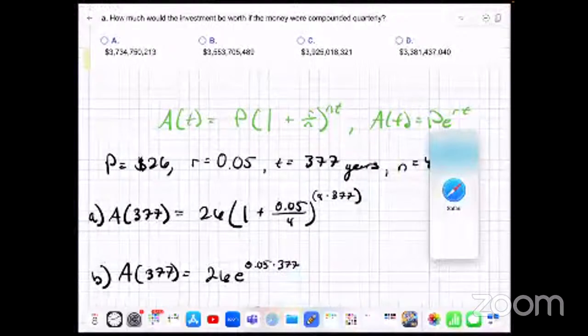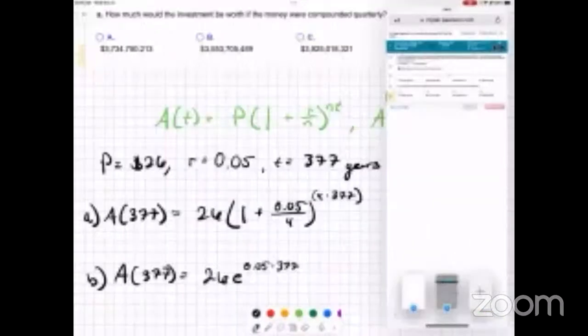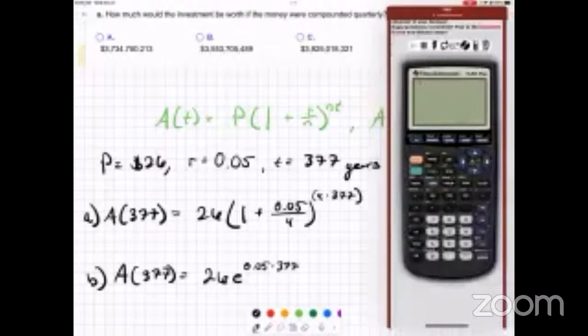Okay. So let's do 26. Now e, if I hit second, there we go. 0.05 multiply 377.